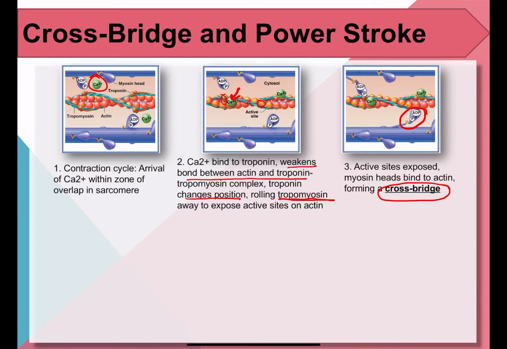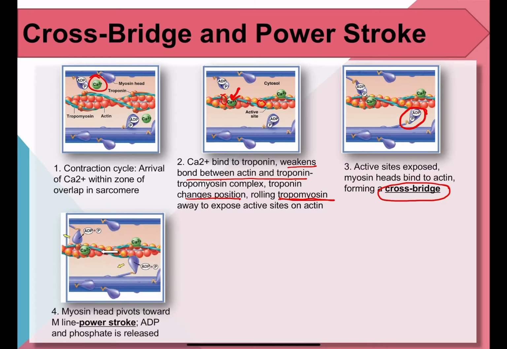Okay, then the myosin head automatically pivots towards the M line this way. Okay, and this is what we call the power stroke. And then the ADP and phosphate, which were attached to the myosin head all along. You see how this myosin head already has an ADP and inorganic phosphate attached. But once the power stroke is done, this ADP and phosphate will be released from the myosin head.